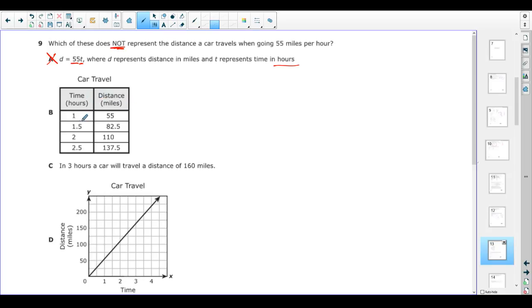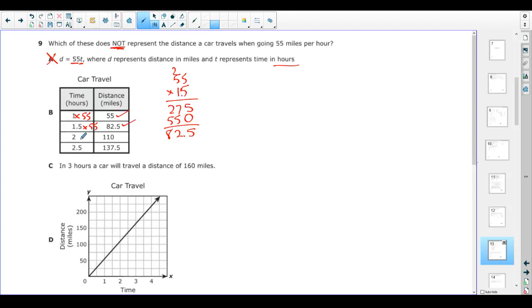Let's see. When it gives us a table, does 1 times 55 equal 55? Yes. Does 1.5 times 55 equal 82.5? Maybe. Let's find out. 1.5 times 55 is 82.5.